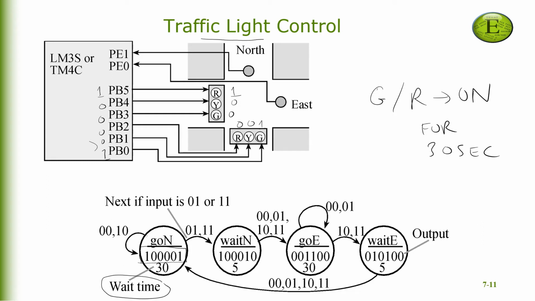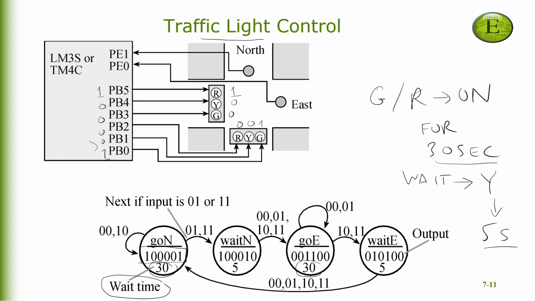So whenever the green or the red light is turned on, it stays on for 30 seconds, and it lets the corresponding traffic flow for 30 seconds. Whereas the wait, which corresponds to the yellow light, stays on for 5 seconds. Therefore, the wait time for the go north state is 30 seconds.